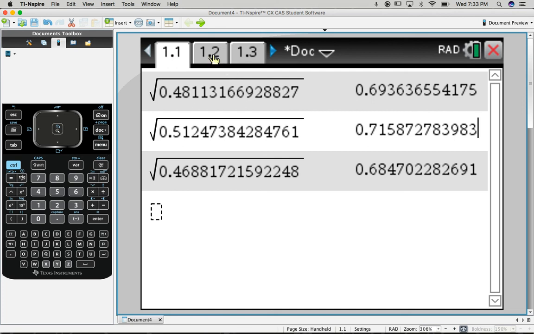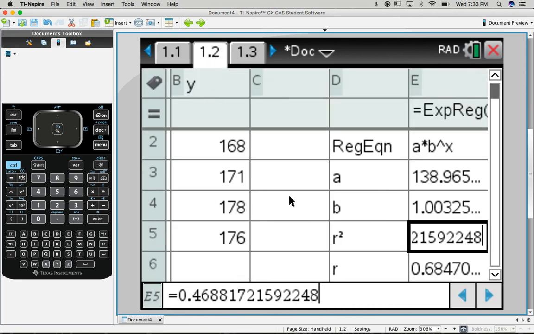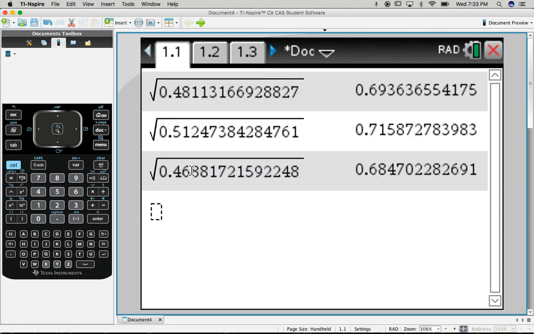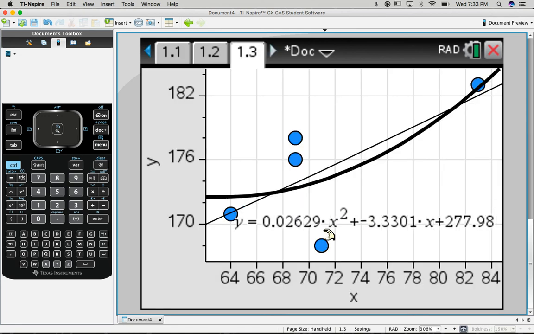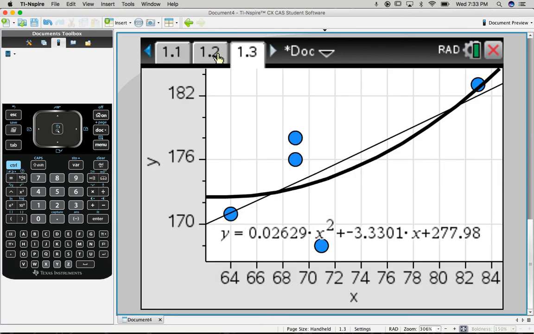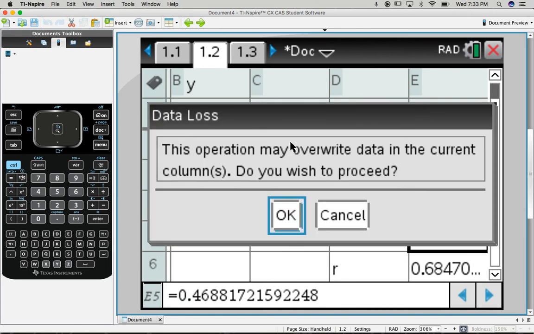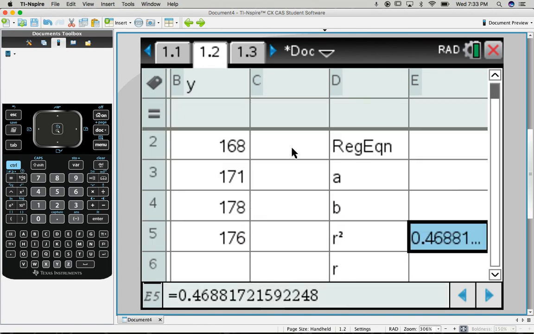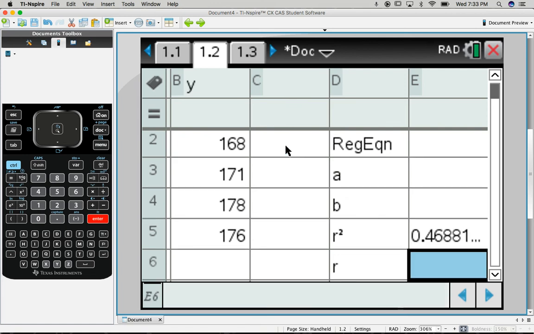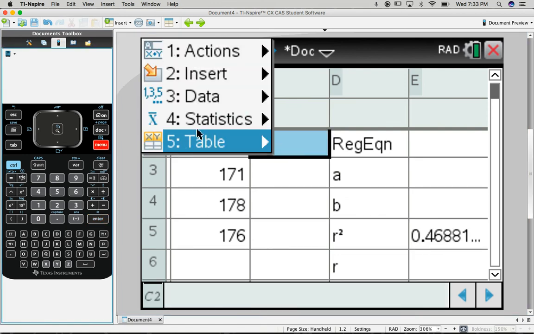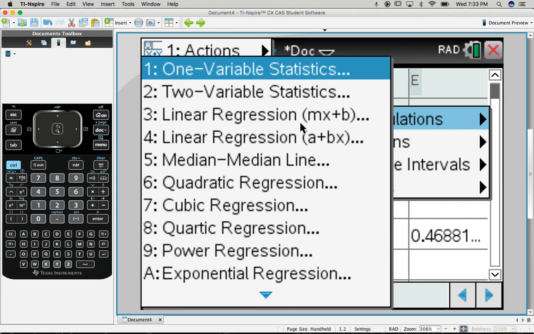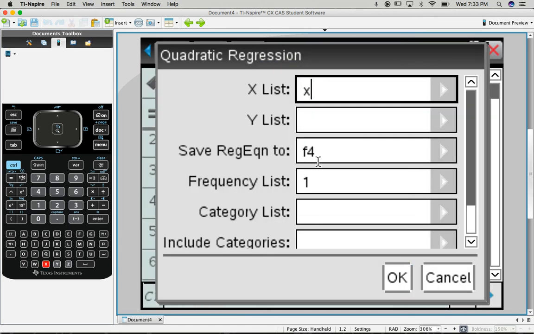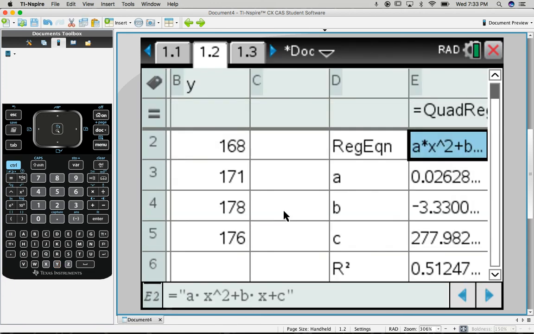Now, I did put in all these data points. And what I can do is use this home screen to get those equations as well. So if you didn't want to go from way over here to get this quadratic equation, I'll do it again: statistics, stat calculations, quadratic, the X, the Y, and then you see that equation pop up here.